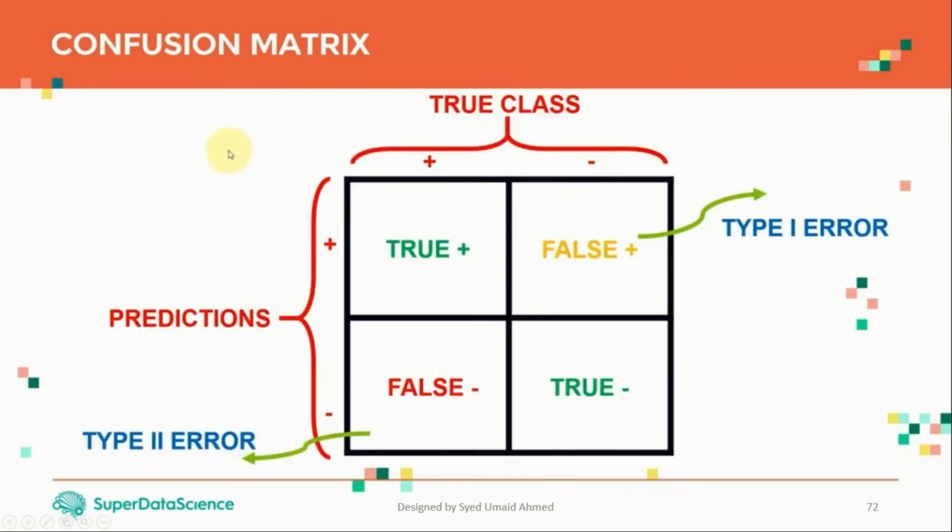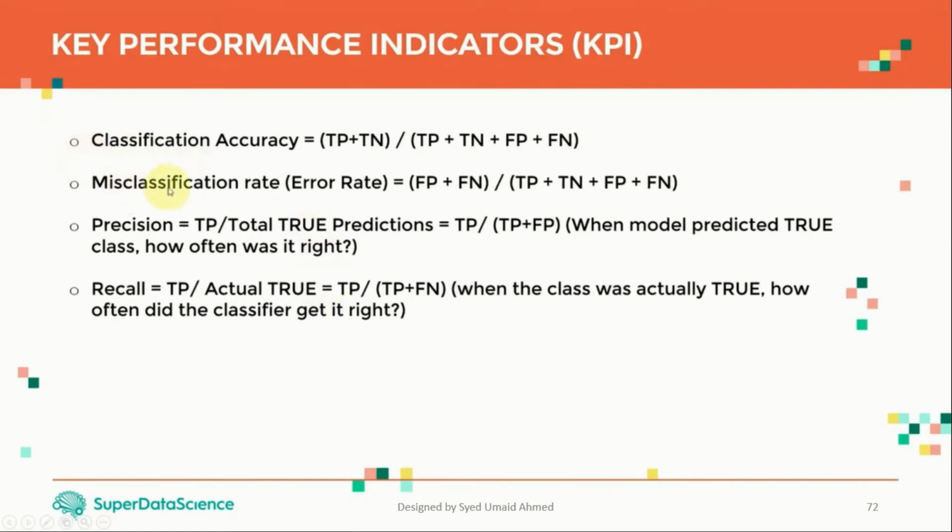Simply put, we go back to the matrix and sum up these two, how many samples have been correctly classified as positive and as negative, divided by the overall number of samples: true positives plus false positives plus true negatives plus false negatives. Then we have the error rate, or misclassification rate, which is false positives plus false negatives divided by true positives plus true negatives plus false positives plus false negatives. Again, we count how many times we messed up.